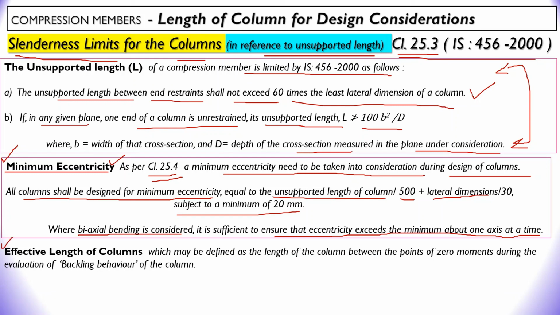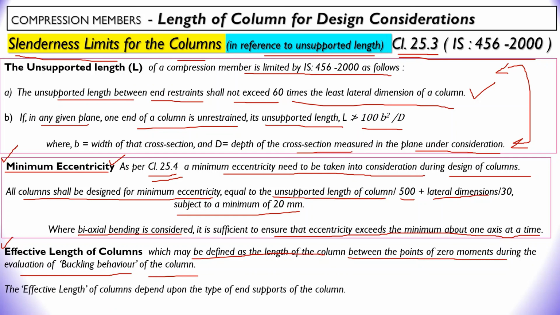Now, another point of discussion is the effective length of a column. We may define it as the length of the column between the points of zero moment during the evaluation of the buckling behavior of the column. For more detail, you can refer to any standard strength of materials book in which you will be able to understand it more clearly.